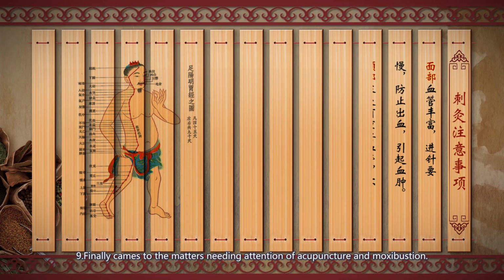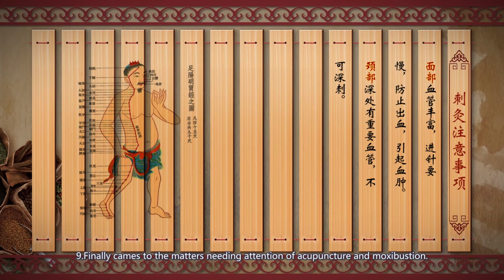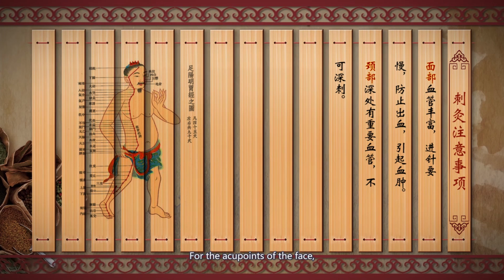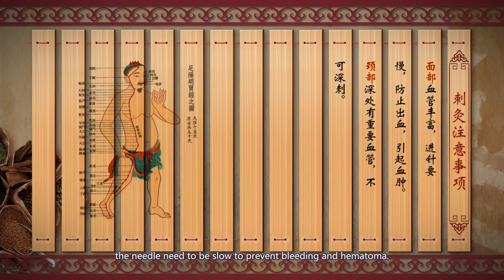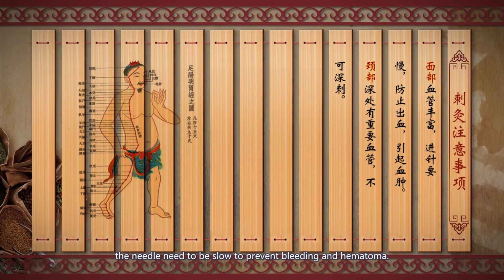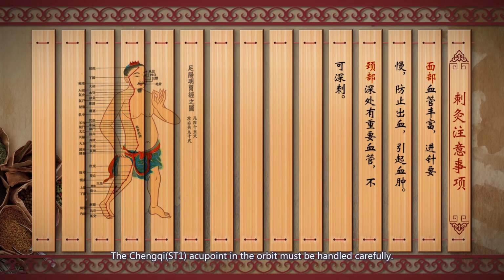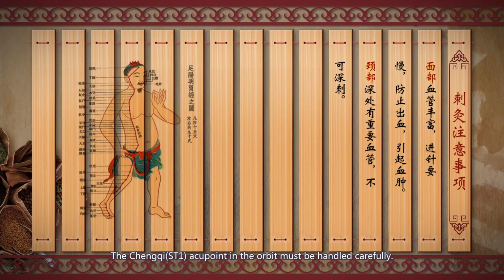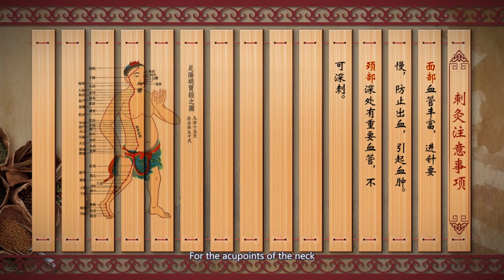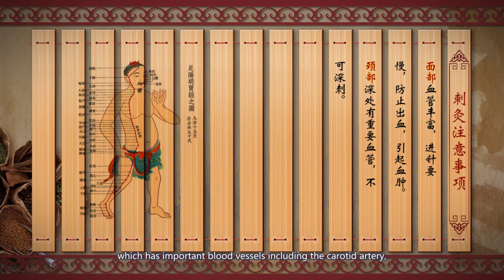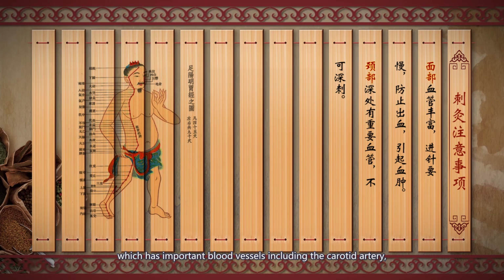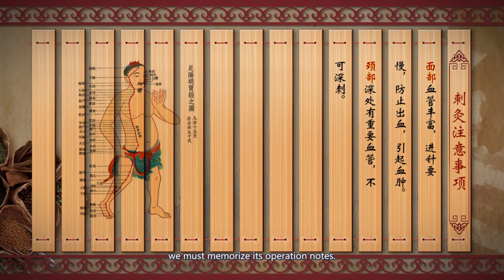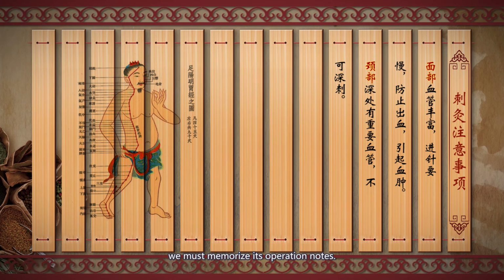Finally, we come to the matters needing attention in acupuncture and moxibustion. For the acupoints of the face, the needling needs to be slow to prevent bleeding and hematoma. The 承泣 acupoint in the orbit must be handled carefully. For the acupoints of the neck, which has important blood vessels including the carotid artery and the trachea, we must memorize the operation notes.